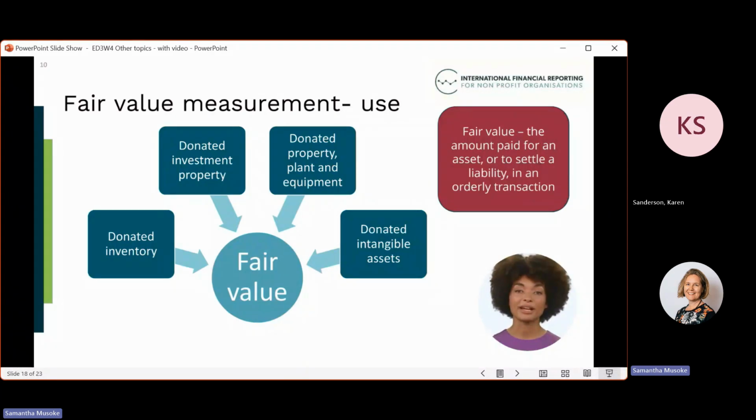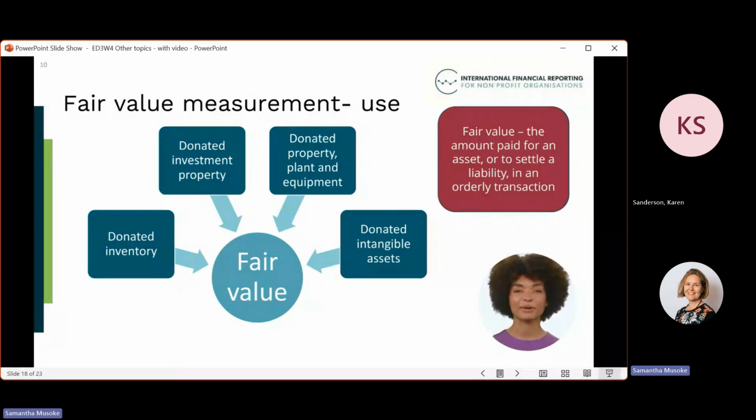Exposure Draft 2 included proposals for revenue accounting that makes use of fair value measurement. Where assets are donated, they are measured at fair value on initial recognition to determine a deemed cost for the asset. This approach to measurement covers donated inventories, investment property, property, plant and equipment, and intangible assets. While this section was not subject to detailed review, to support the INPAG proposals, ED3 contains new application guidance and 2 new illustrative examples.